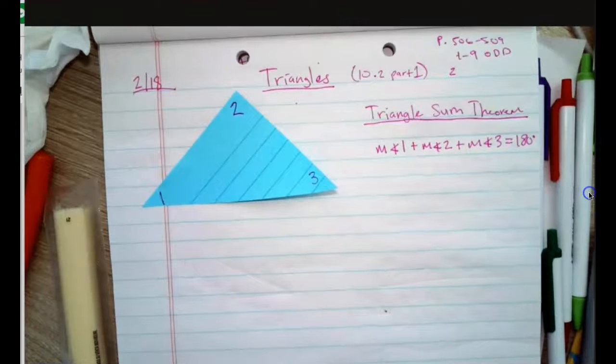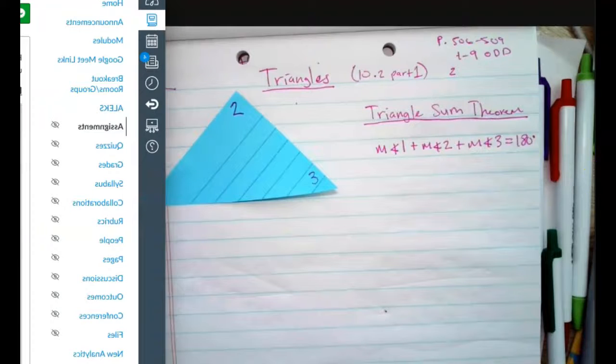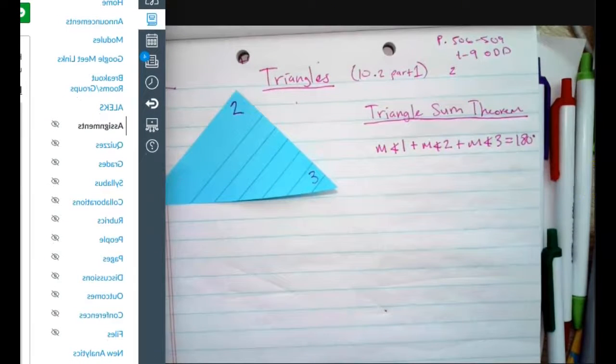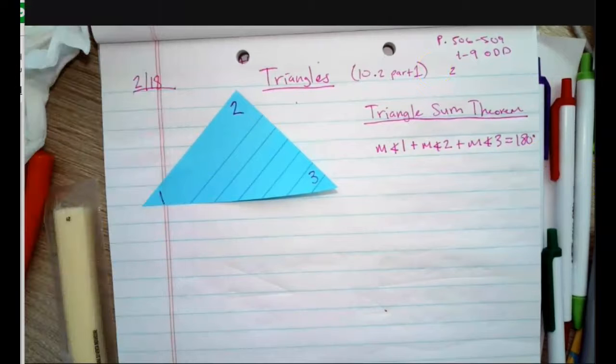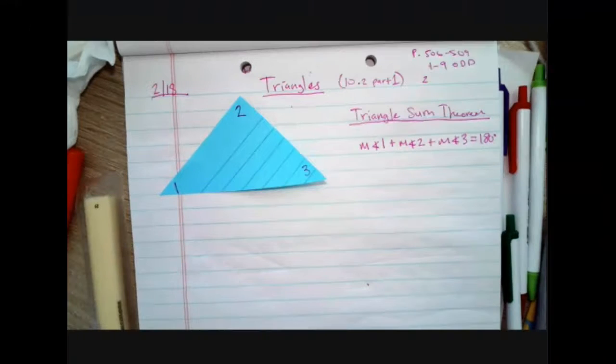Okay, so can I ask one of you to chime in: what other thing do you know that has a sum total of 180? I'm telling you that the 3 angles inside of a triangle add up to 180 degrees, and I'm asking you, what other geometric figure do we know that has a total of 180 degrees?